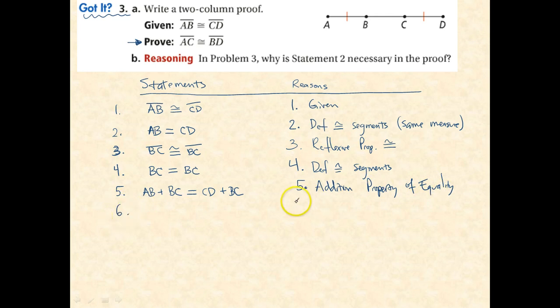What is next? Well, look at segment AB and segment BC.